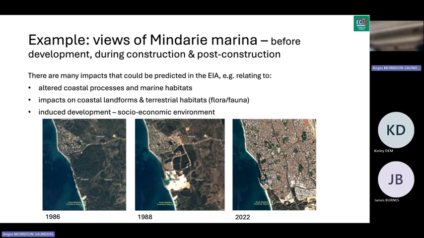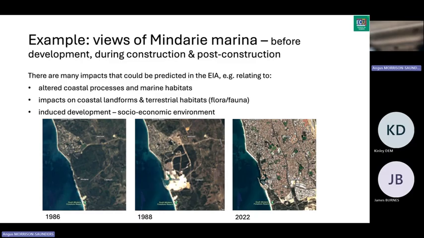So let's go back to 1986. We're doing the EIA. What should we be making impact predictions about? There's lots of things to think about. There's probably things happening in the ocean waters there, the coastal waters. There's probably things happening with beaches and beach erosion and sand drift along the shore. There's probably a whole bunch of things happening around coastal access, access to fishing resources and what people do with the ocean.